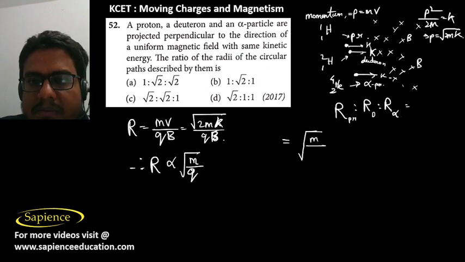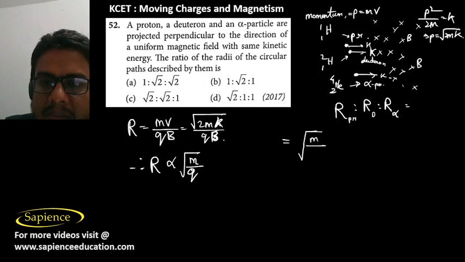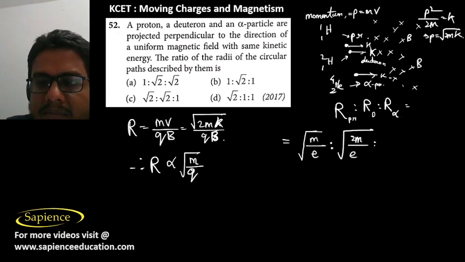So the proton has mass m and charge e, the deuteron has mass 2m and charge e, and the alpha particle has mass 4m and charge 2e.